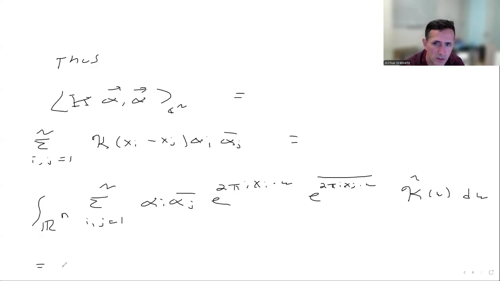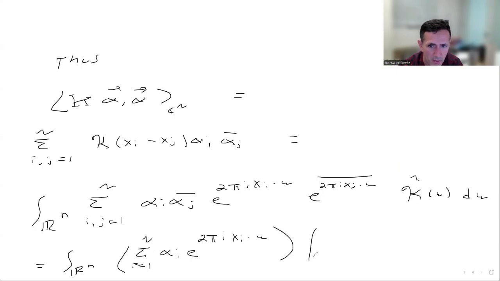But what is this really equal to? Think about it. The sum for i equals 1 to n of alpha i e to the 2 pi i xi omega. Then same thing, different letters, but it's really the same thing.